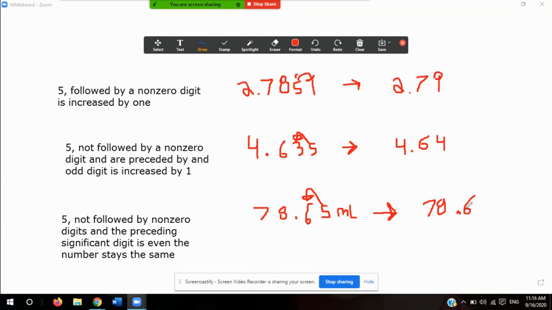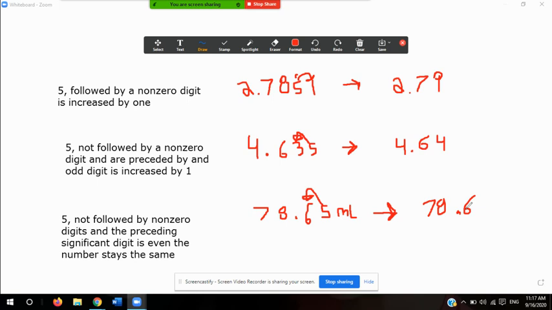Give me 1 second, ladies and gentlemen, while I acclimate myself and retrieve the document. And here we go. So now let's talk about adding and subtracting significant digits.